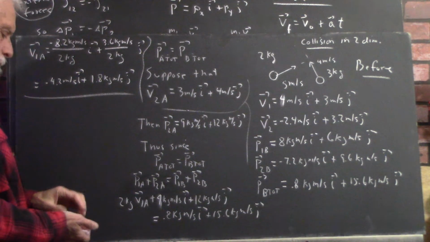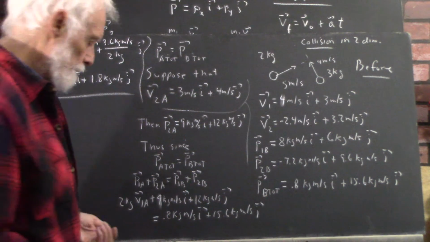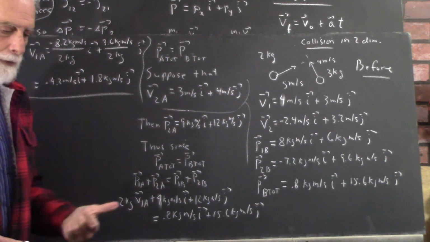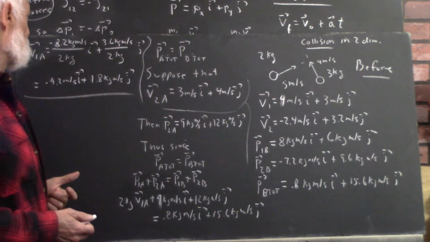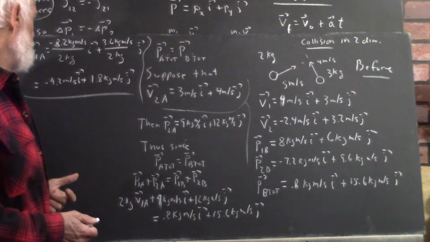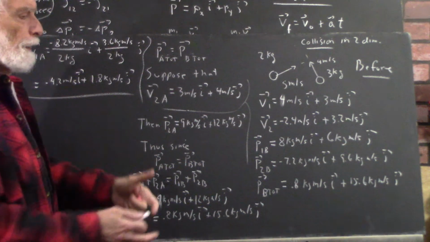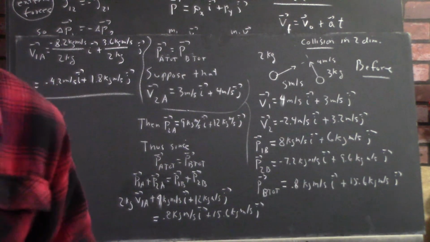Now your book will probably, in the examples I think I saw when I took a quick glance, and it's hard to take a quick glance of an e-text, but when I took a quick glance, they might well separate it out into X and Y components. So I'm going to go ahead and do that.